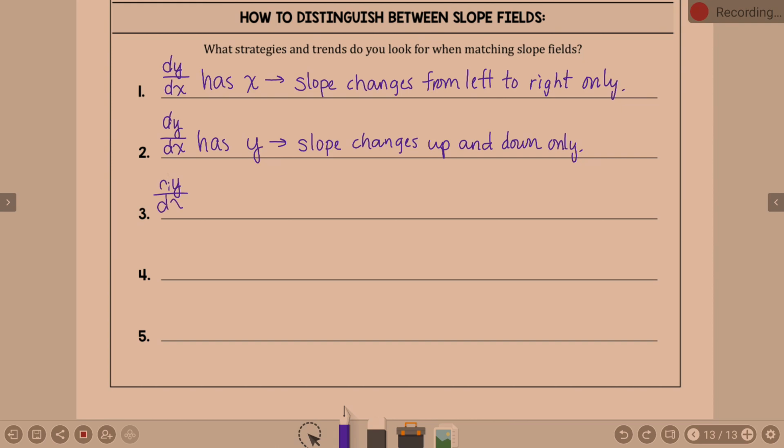If dy dx has both x and y, realize the slope's going to change in both directions.